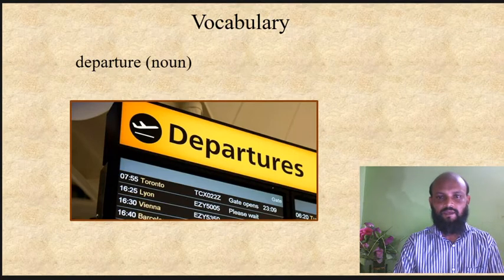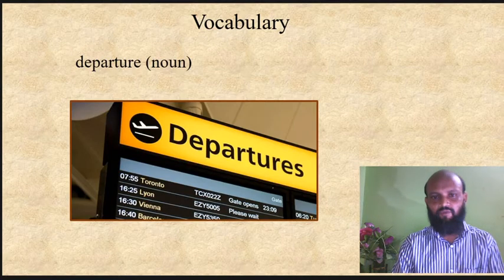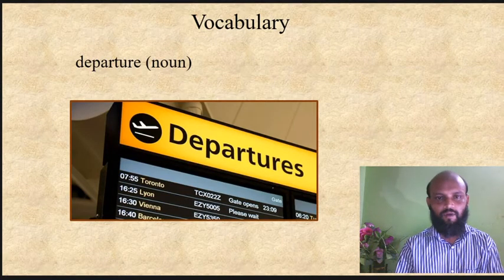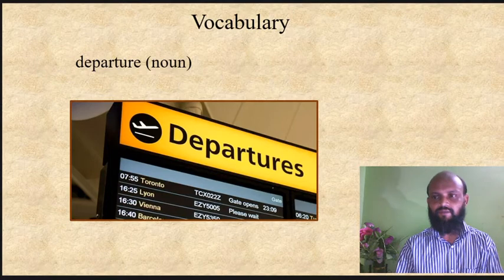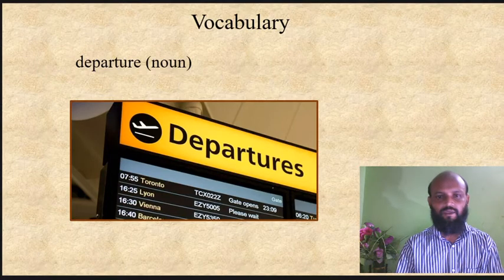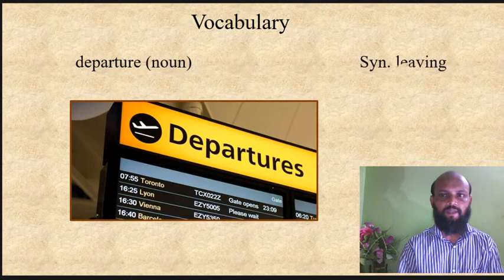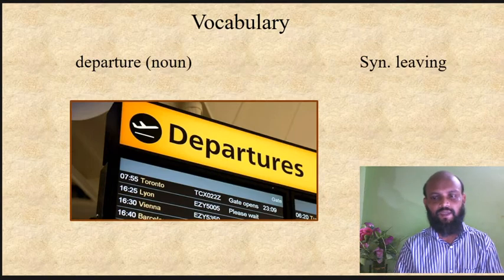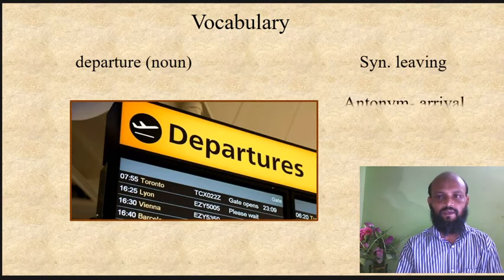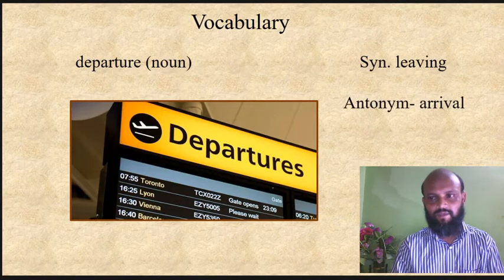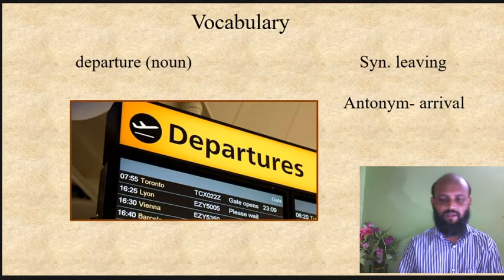A departure means leaving from somewhere. If you leave from a station or an airport, that is called departure. The synonym of this word is leaving, and the antonym is arrival.